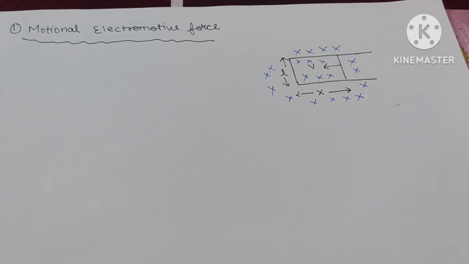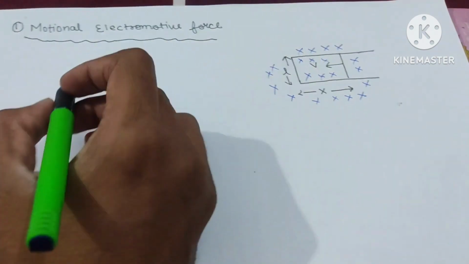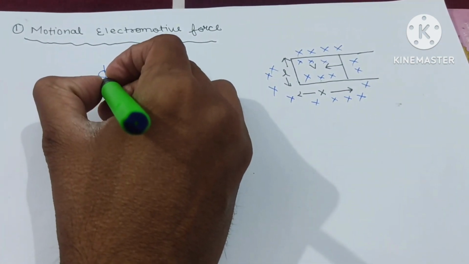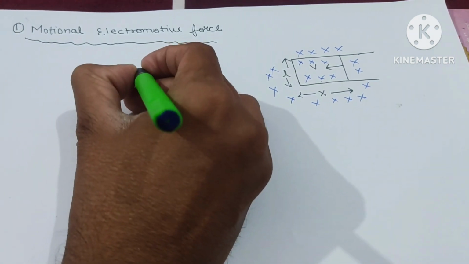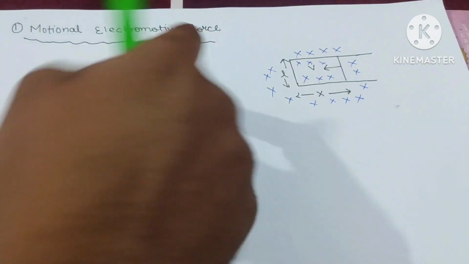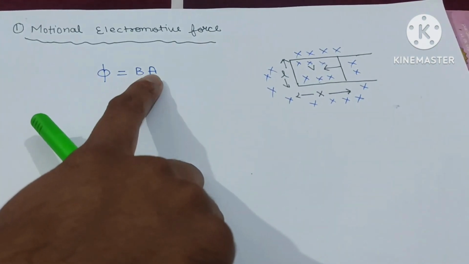Hello friends, today we will derive the motional electromotive force. So here we go for flux, magnetic flux, which is equal to BA, where B is the magnetic field and A is the cross-sectional area.